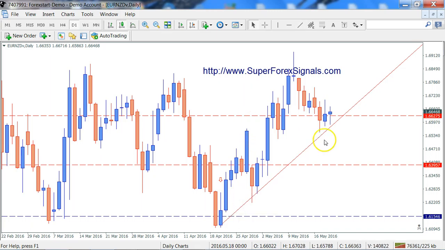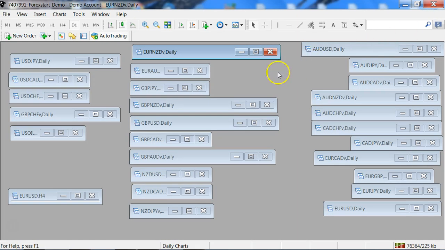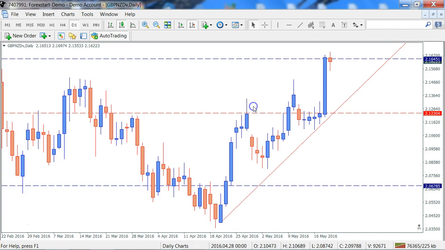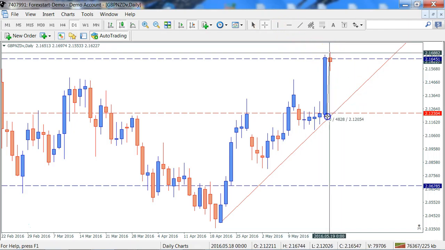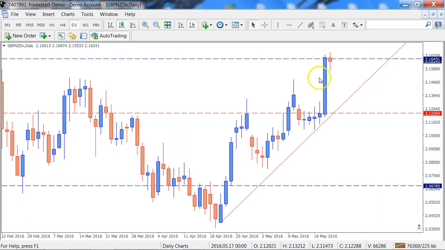There may be a signal here as to what to do to get in on additional add-ons to this particular trade as well. Great Britain New Zealand, man, did that thing take off yesterday. Look at that. That's almost a good 480 pips at least.